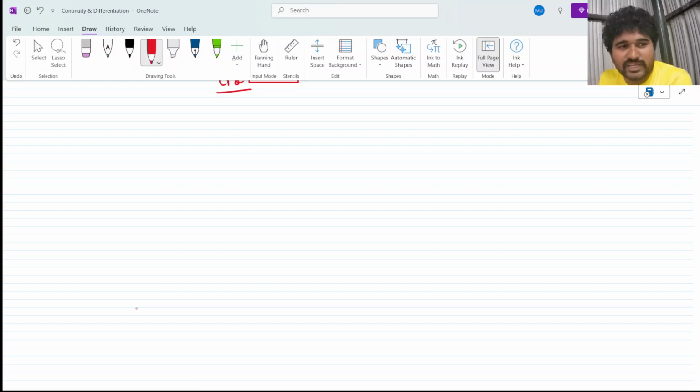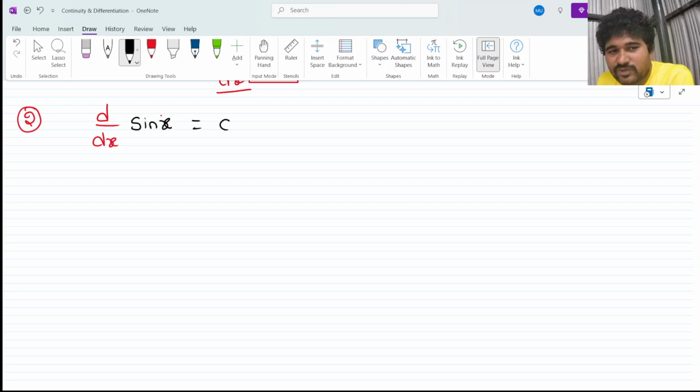Okay, write down the next formula. d by dx of sin x is equal to cos x. d by dx of sin x is equal to what?